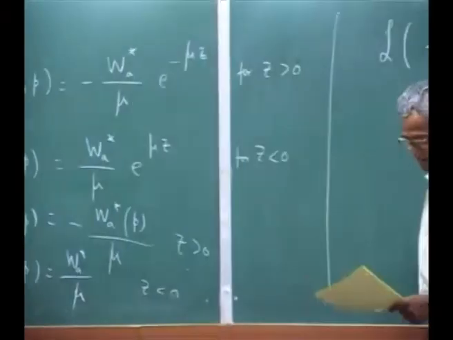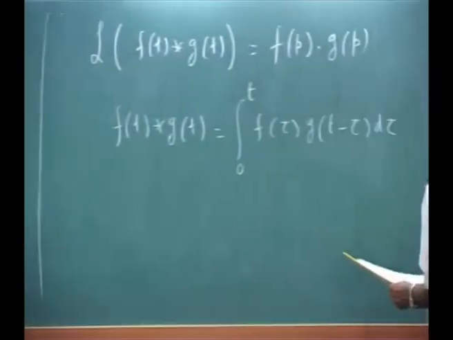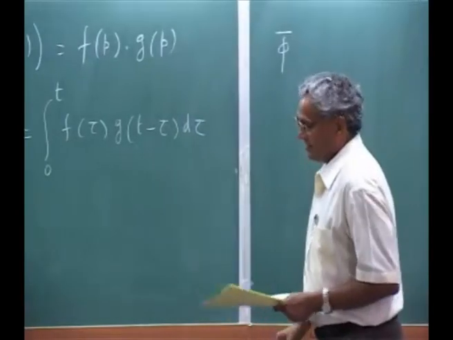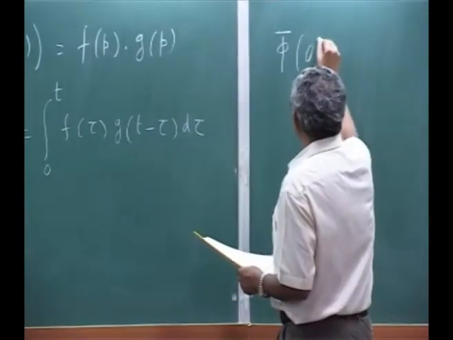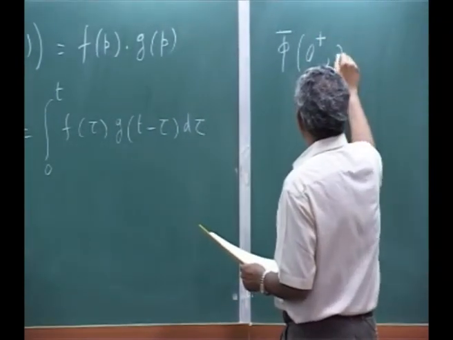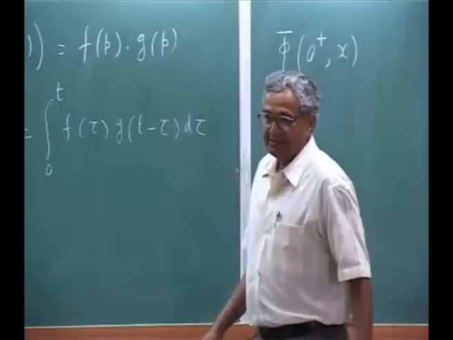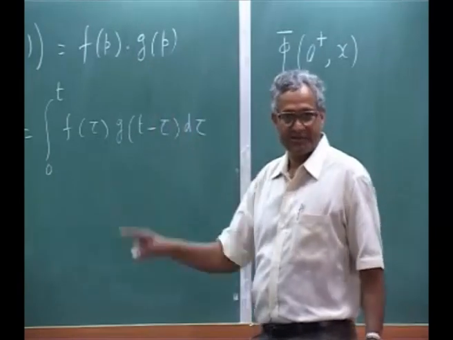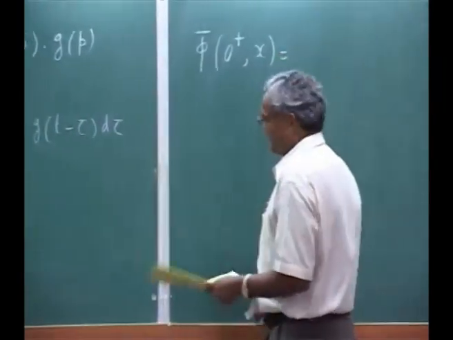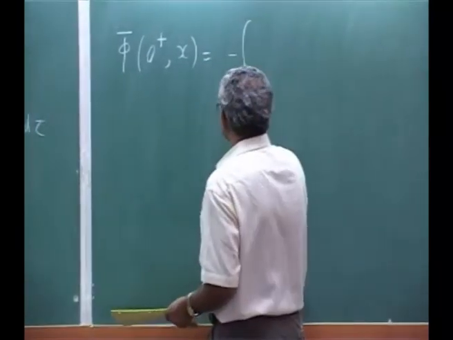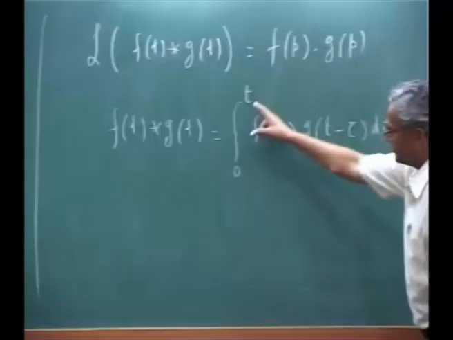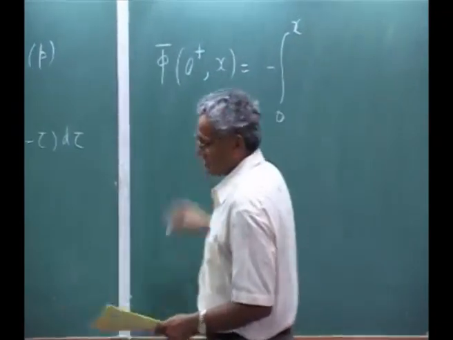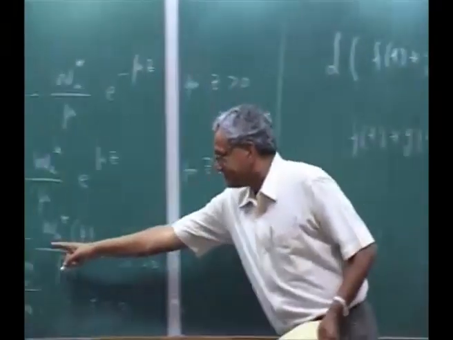When we apply this, we will get phi bar at 0 plus comma, which is the function of p, becomes x, because p is the Laplace transform variable for x. This will be minus the integral, same thing, 0 to x, because this minus is because of this minus.